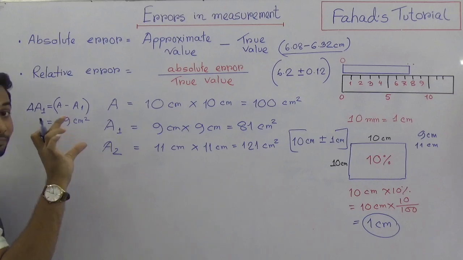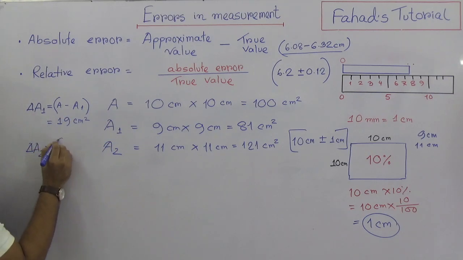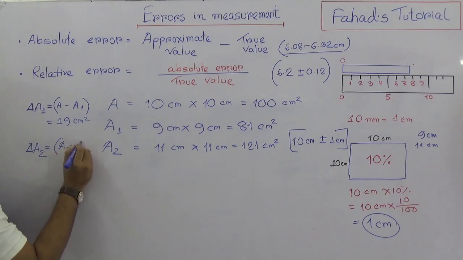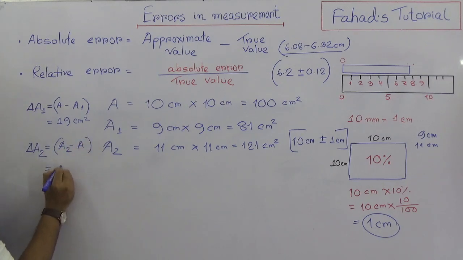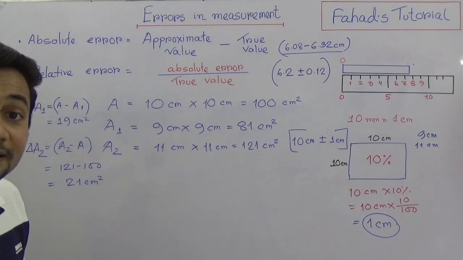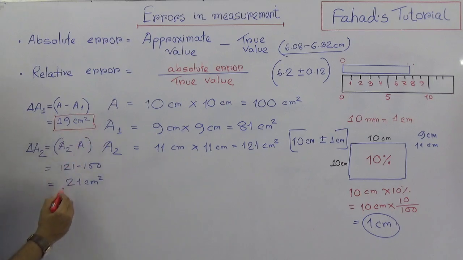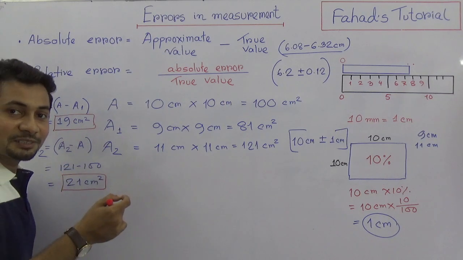The biggest deviation, del A2, is A2 minus A, which is 121 minus 100, so that is 21 centimeter square. Now we need to find which is the biggest deviation, 19 or 21. So 21 centimeter square is the biggest.